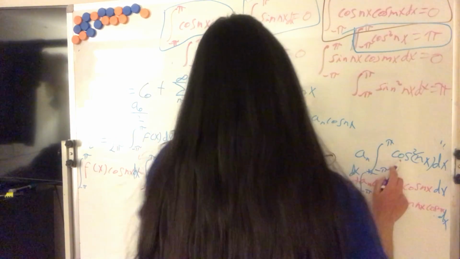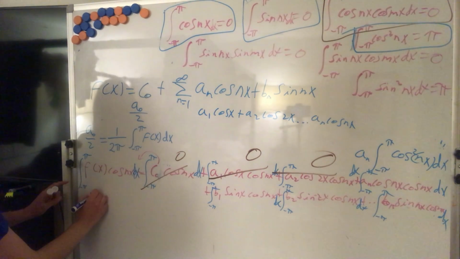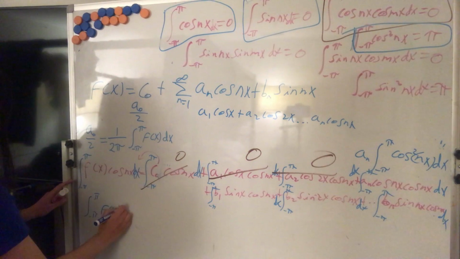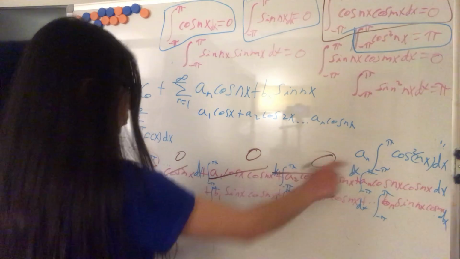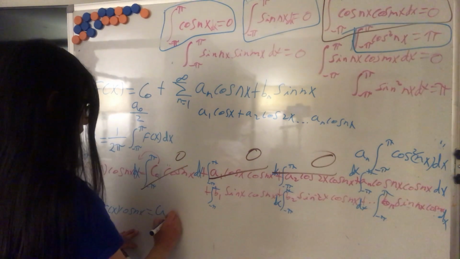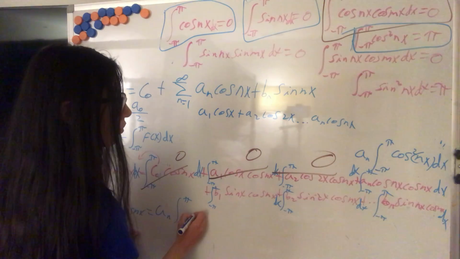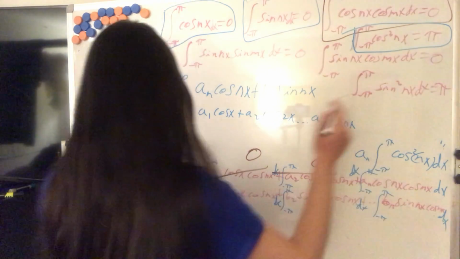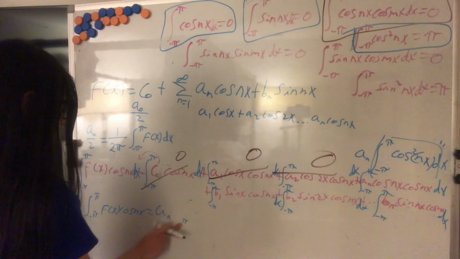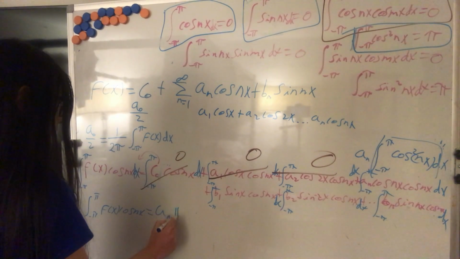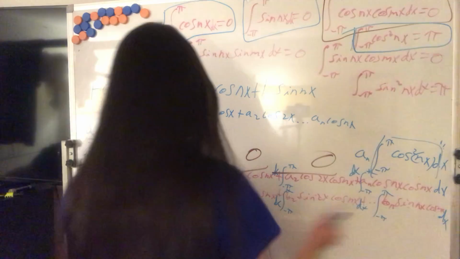And so in this case, we have the definite integral from minus pi to pi of f of x cosine nx equal to a sub n times, this is pi, so I just have a sub n times pi. And let's continue with these terms.